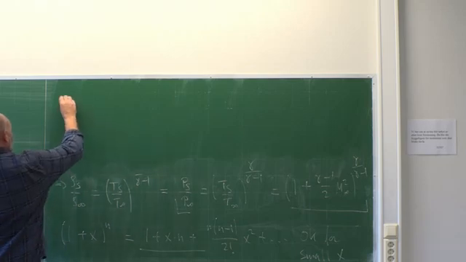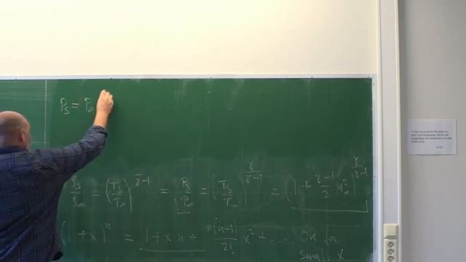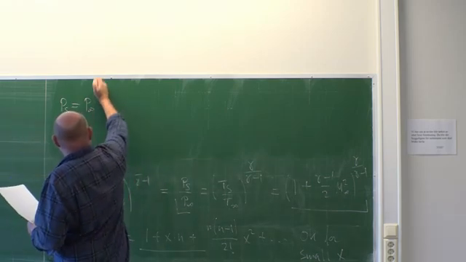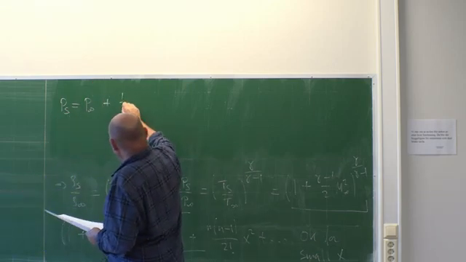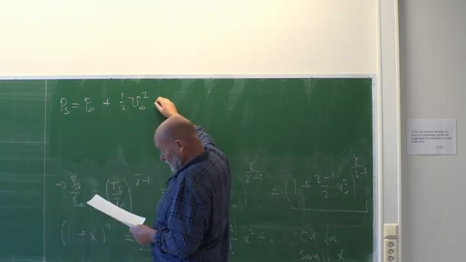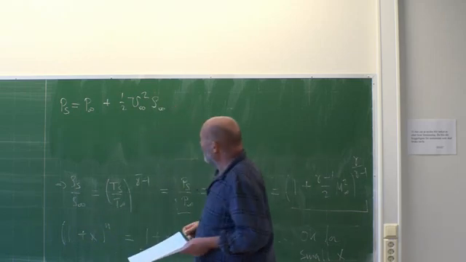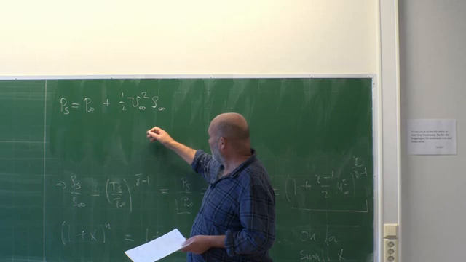You will have the pressure in the stagnation point equals the surrounding pressure, plus 1/2 velocity squared times the density. So there you have the surrounding pressure plus the dynamic pressure.